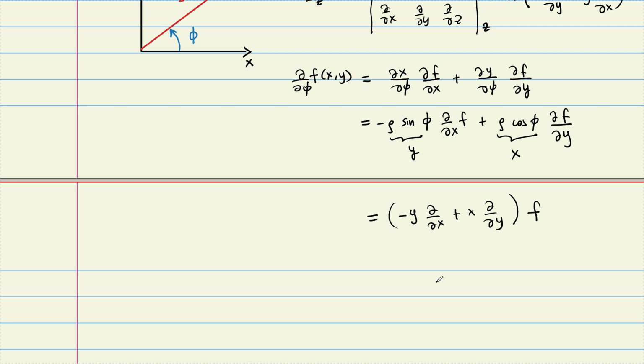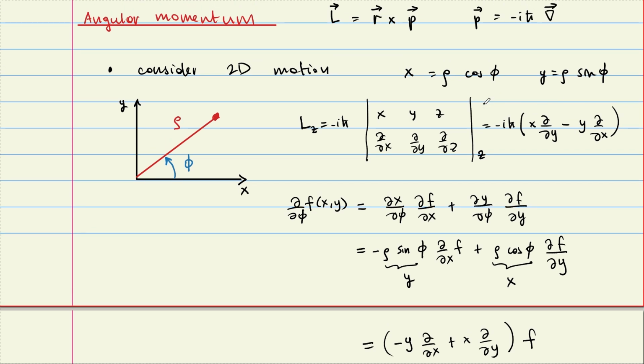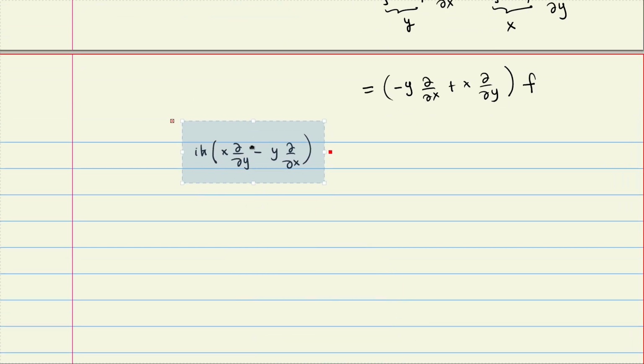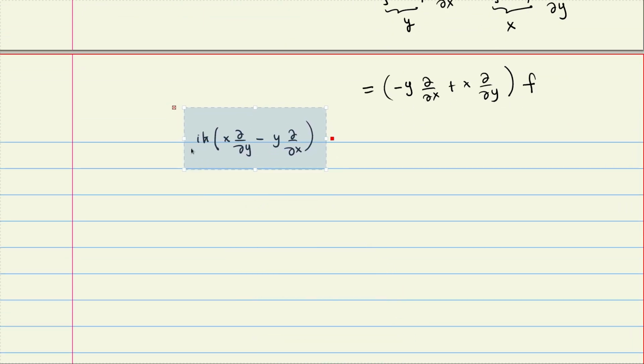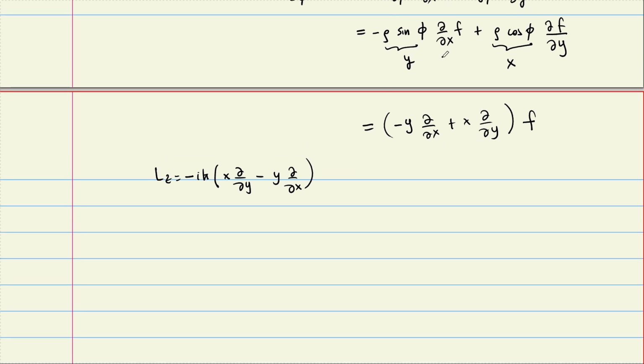And from here I can see by comparing this, so here is my angular momentum Lz, so let's copy this. So this is my Lz. I couldn't copy the minus, but you can see this thing is x ∂y minus y ∂x.